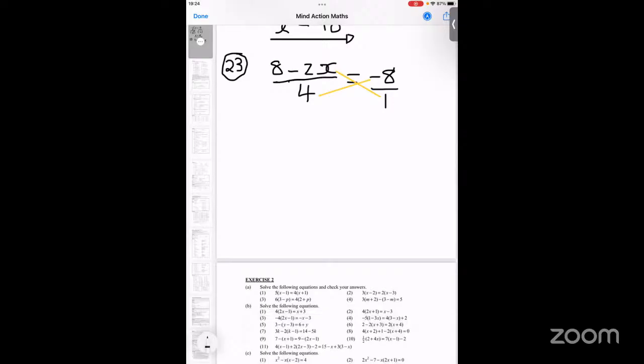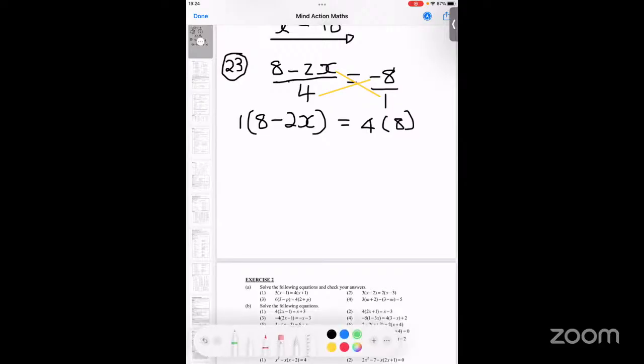Which means you see that 1, it multiplies that 8 minus 2x. You see that 4, it is the one that multiplies that 8. If you remember, I think it's Mem Tyrone or Mem Cynthia who took you through the calculations where you need to do that by that, that by that.